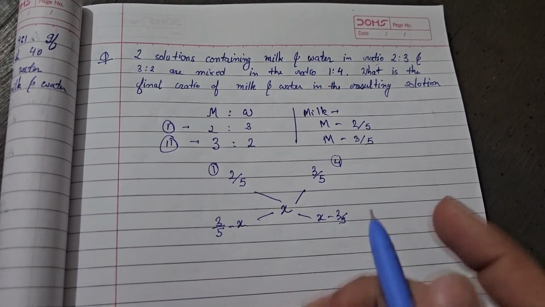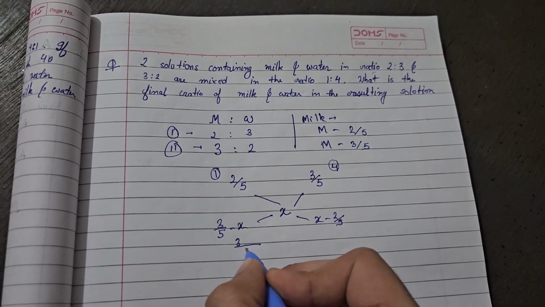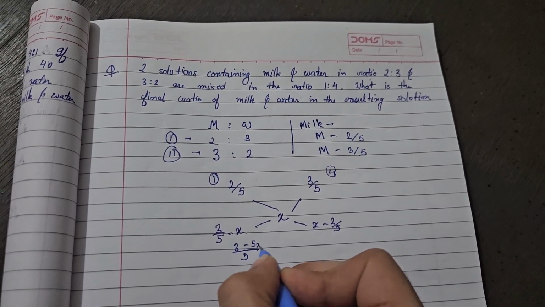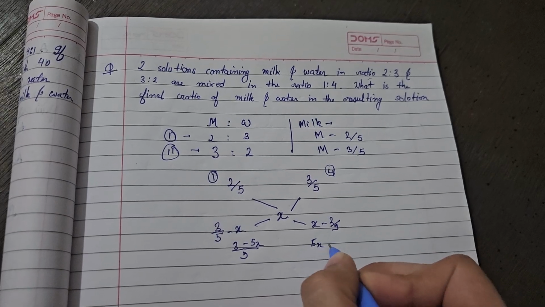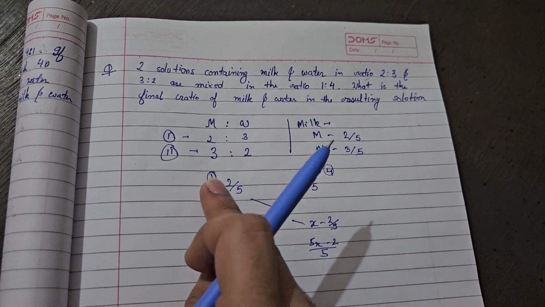Okay, so we do this. Further solving this, we get (3 minus 5x) upon 5 over here, and over here we get (5x minus 2) upon 5, right? Now this ratio would be equal to this by this, right?